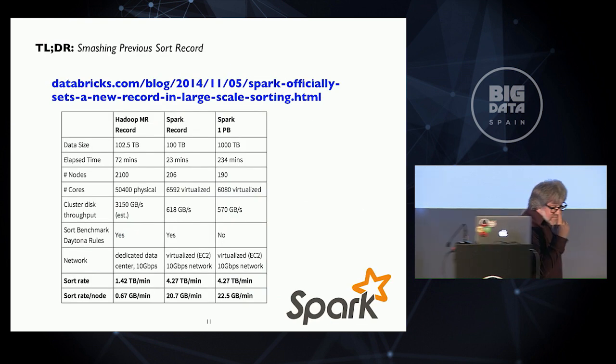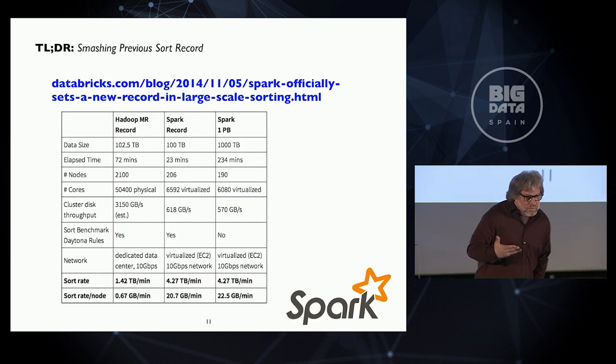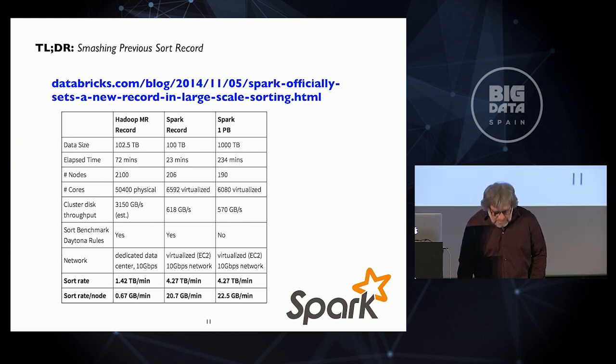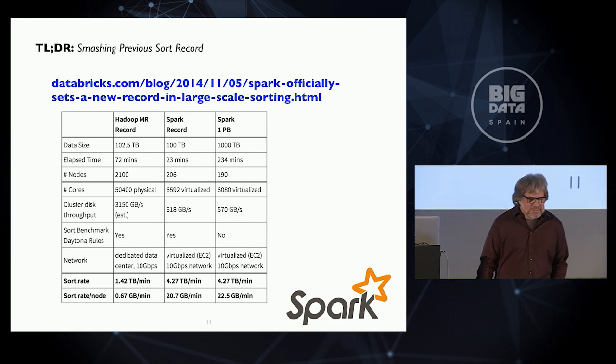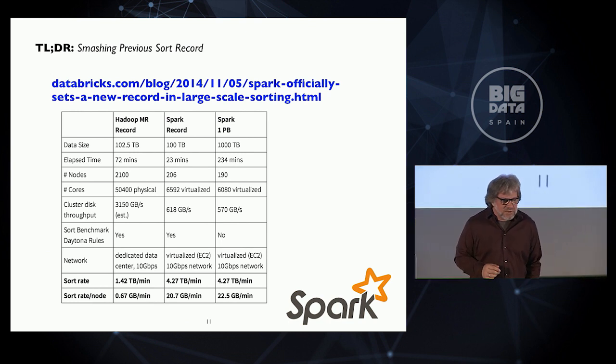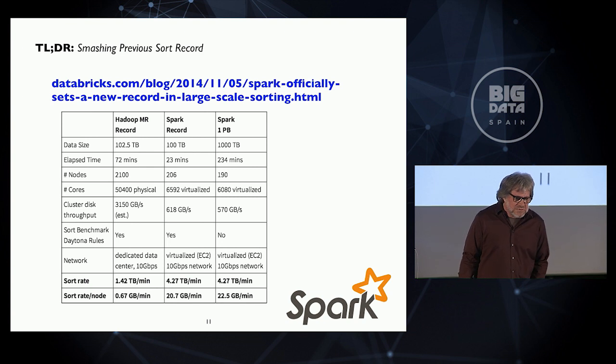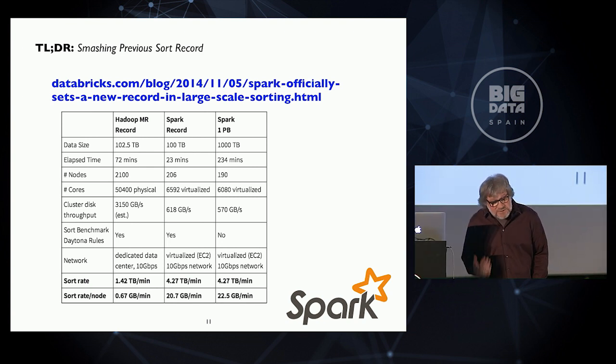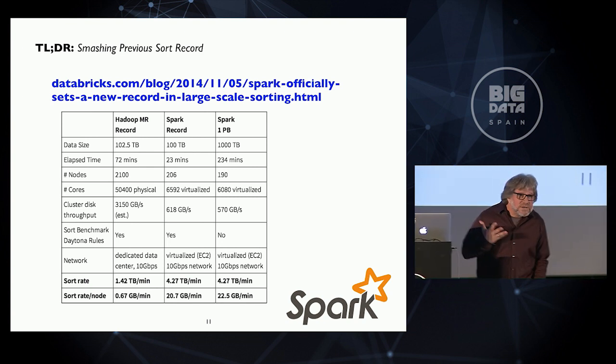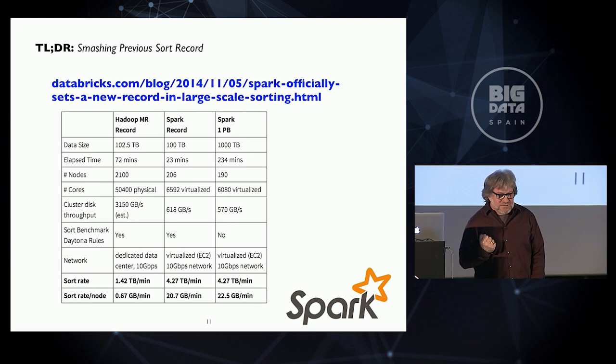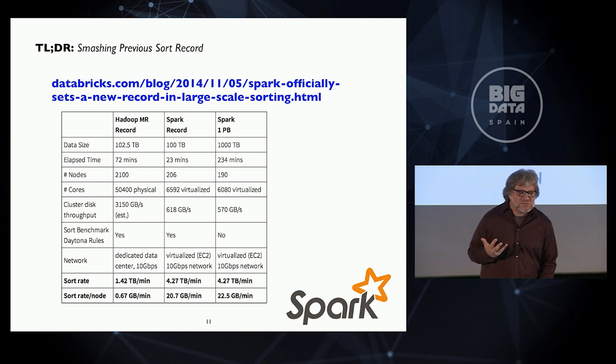And if you haven't seen it, just to prove what can be done, about a year ago, in November 2014, Reynold Xin, who's one of the founders of Databricks and one of the core committers on Apache Spark, set the world record for something called the Gray Sort Challenge. It's a 100 terabyte sort.